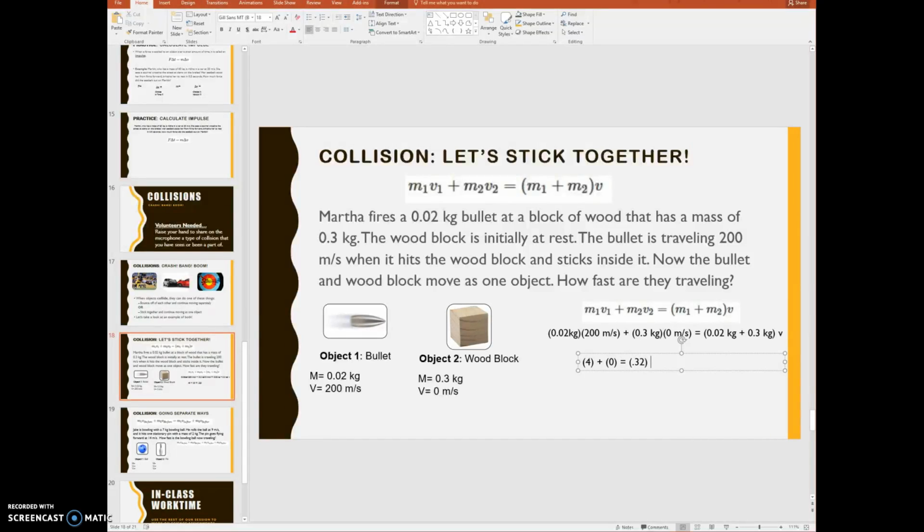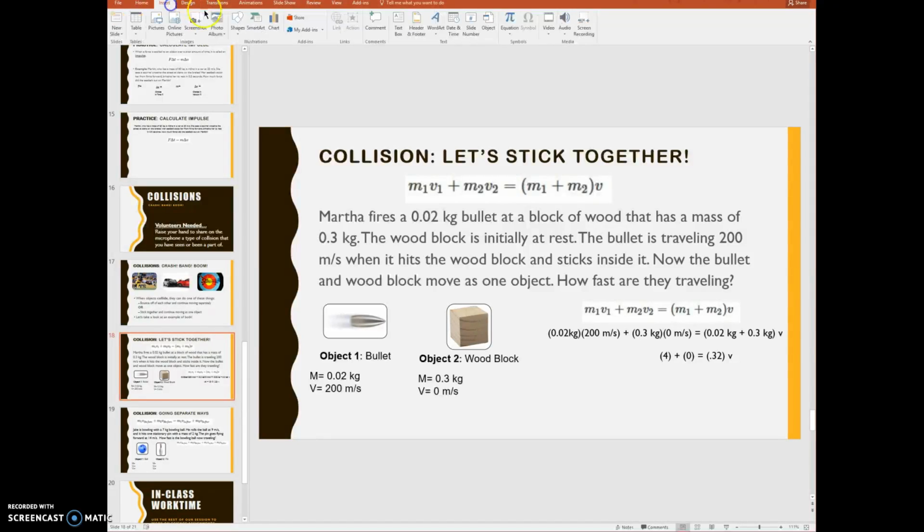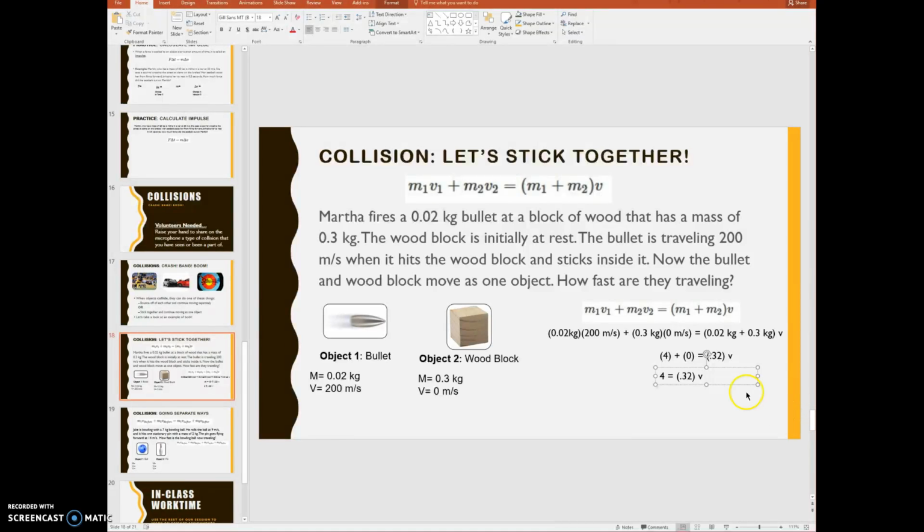So now I can start to solve for v, velocity, because I have simplified this equation. What I am left with is 4 is equal to 0.32 times v. If I use my algebra skills, I know I have to do the opposite operation in order to get v by itself.